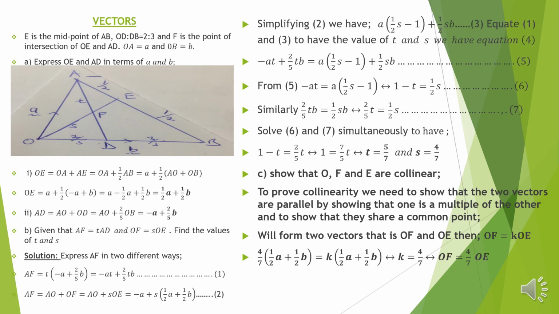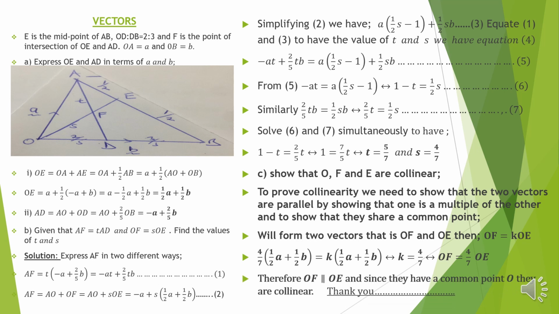Clearly, OF is a multiple of OE by a factor of 4 over 7. And therefore, we can conclude that OF is parallel to OE, and since they share a common point O, they are collinear. So I believe that short demonstration is enough for you to master that area of vectors.